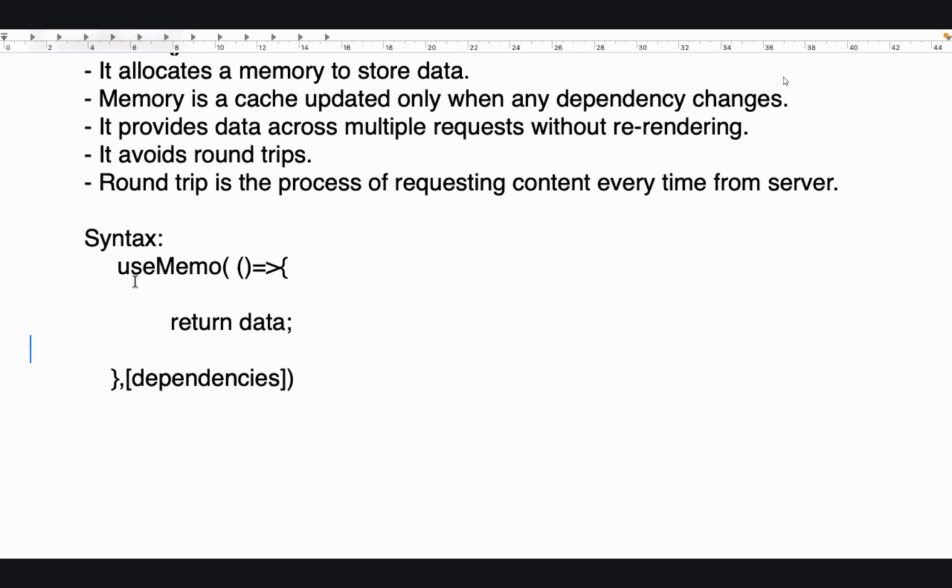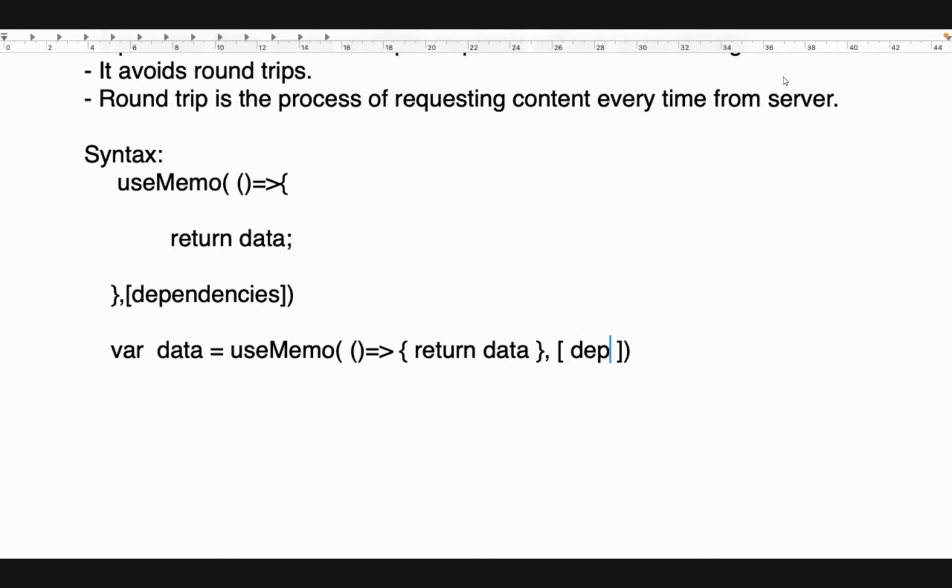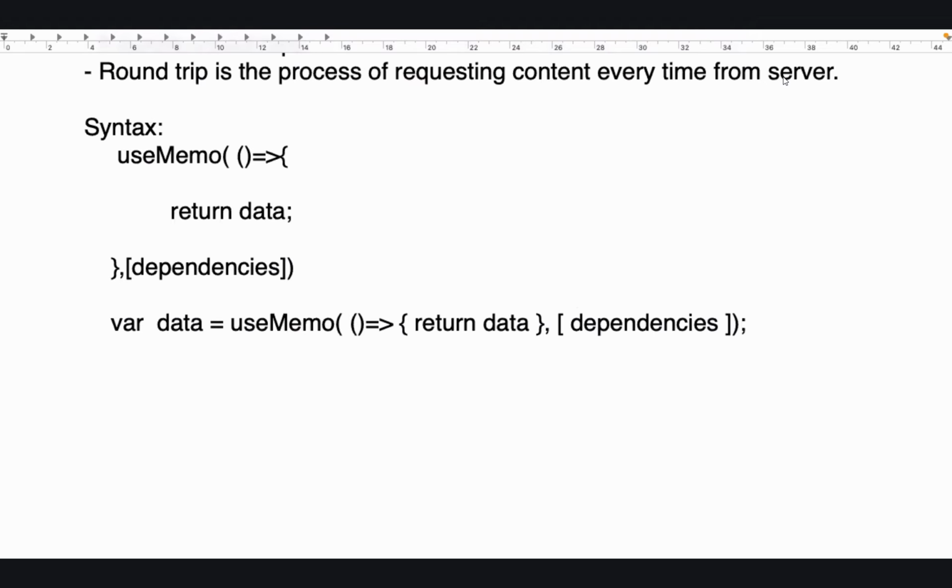And if it is returning the data, we can capture the returned data, where data is equal to useMemo. That's how people do that. They can access the data and use the data.